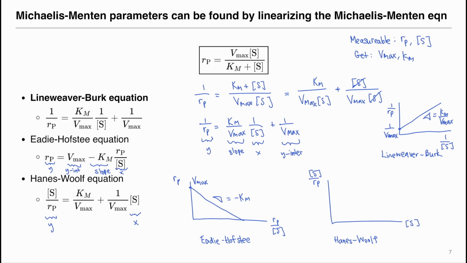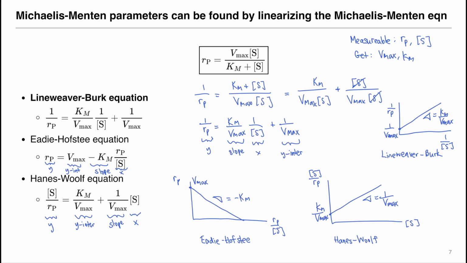For this equation, the slope is 1 over Vmax, and the y-intercept is K of M divided by Vmax. Therefore, we have a positive slope, and the intercept is K of M over Vmax. The slope is equal to 1 over Vmax. So we first solve for Vmax, then we get K of M.